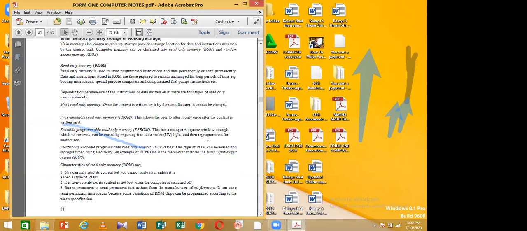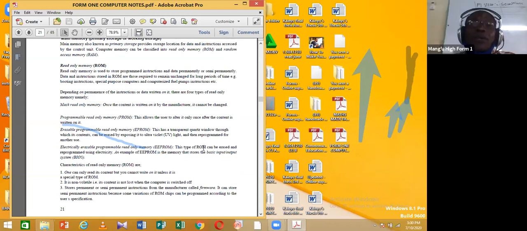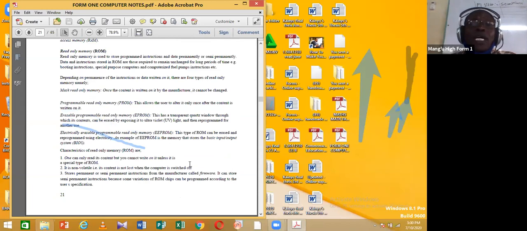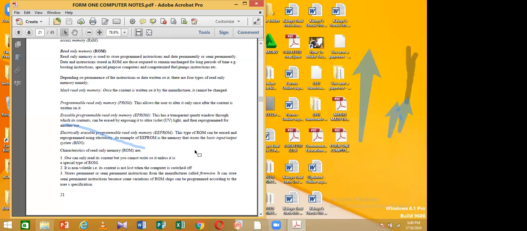We have EPROM, erasable programmable read-only memory. Then the last, electrically erasable programmable read-only memory. All those are classified like this according to how permanently they can store data.